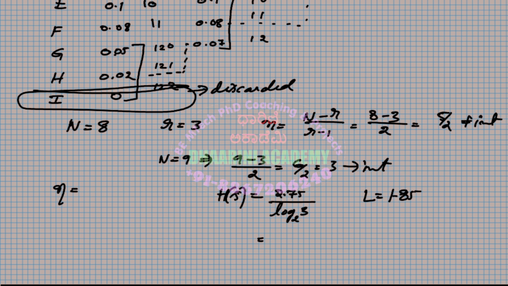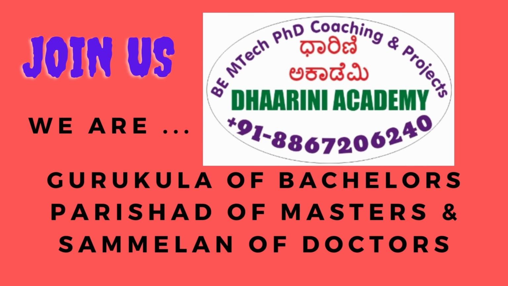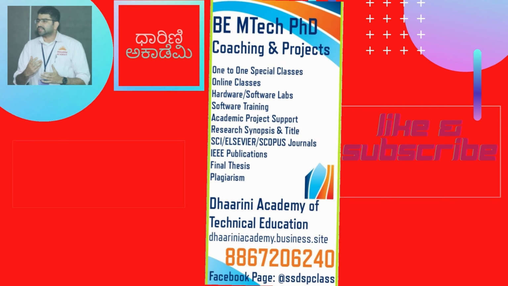Give me H(S), then we'll do the calculation. 94%. So what is H(S)? Okay, this is 1.7. So yes, 1.7 by 1.85 is approximately 94%, right? Okay, so that is the required answer for this kind of problem.